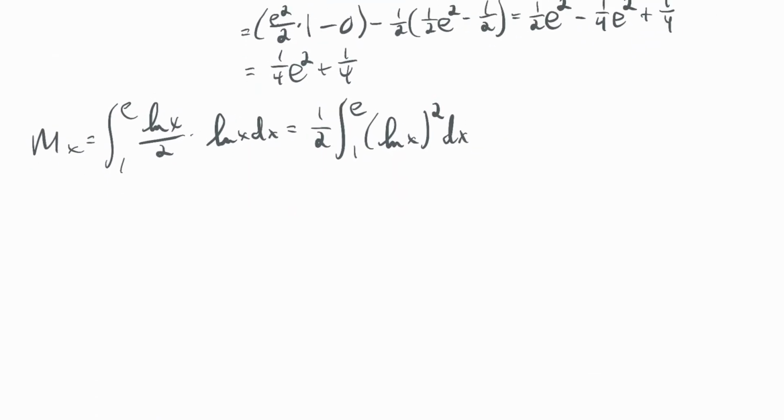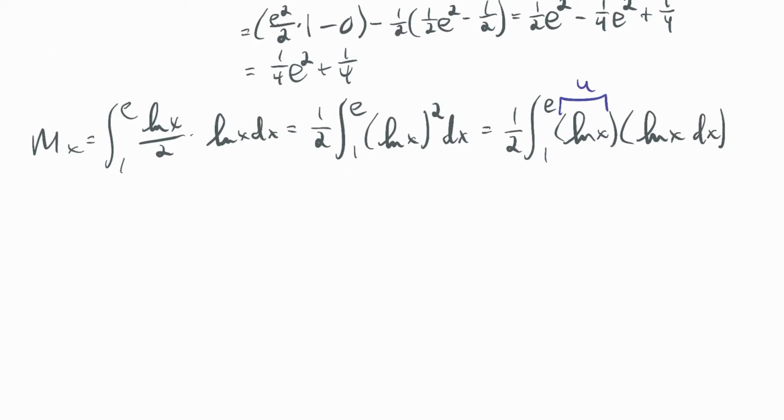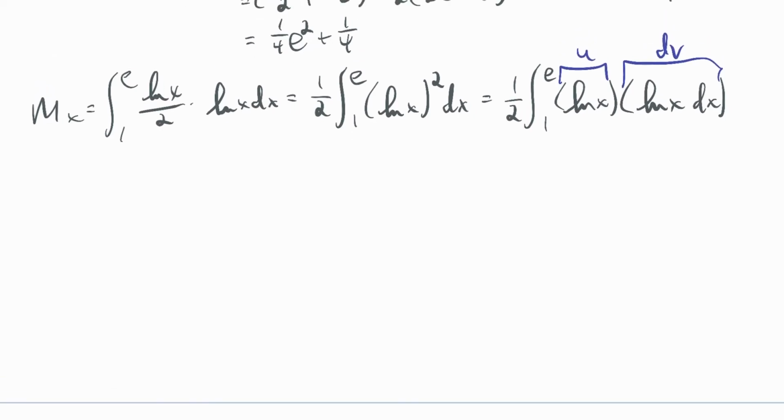So, yeah, we're going to do integration by parts. We're going to say, okay, this is 1/2 the integral from 1 to e of ln of x times ln of x dx. And this is going to be our u, and this is going to be our dv. And we will see how this goes. This may not work out the way I'm expecting it to. We'll see.